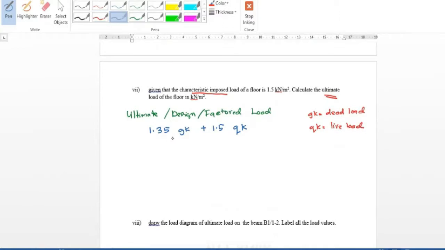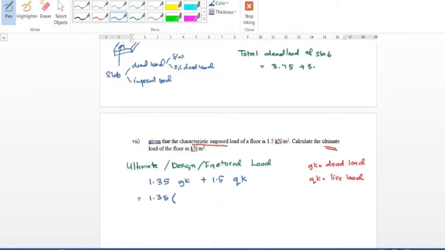So 1.35 GK, GK is dead load. We already have the total dead load, right? We got the total dead load before. So dead load is 6.175, times 1.35, plus 1.5 QK, QK is live load.